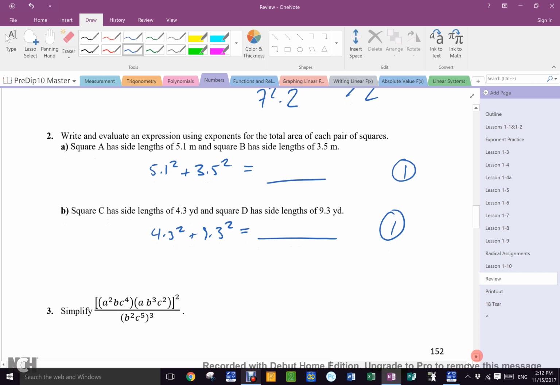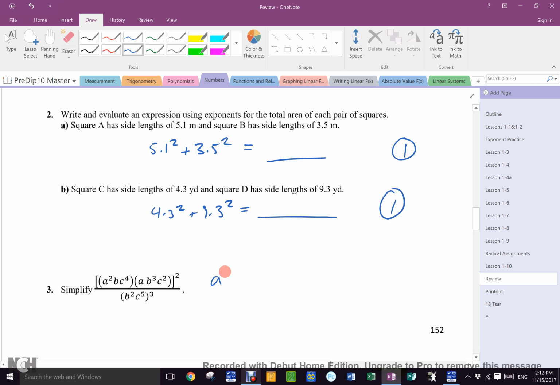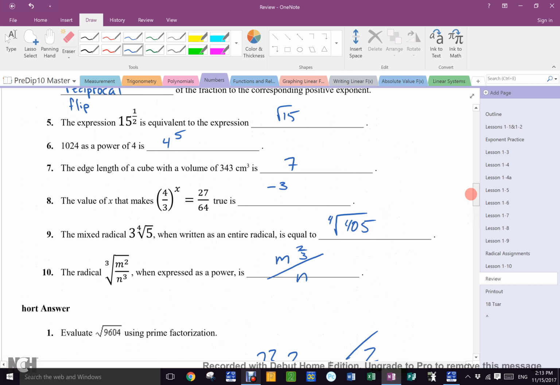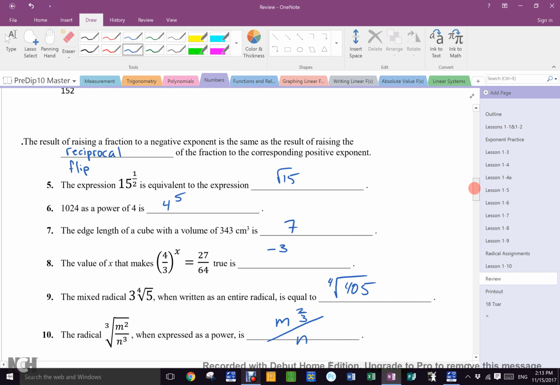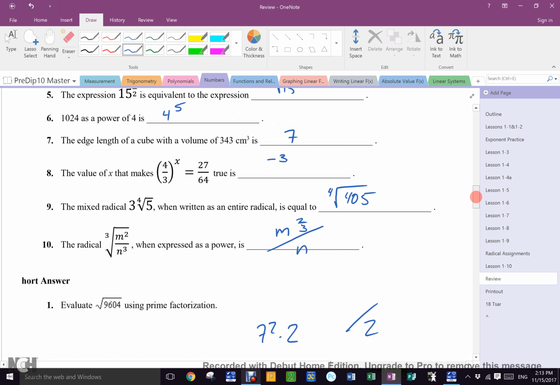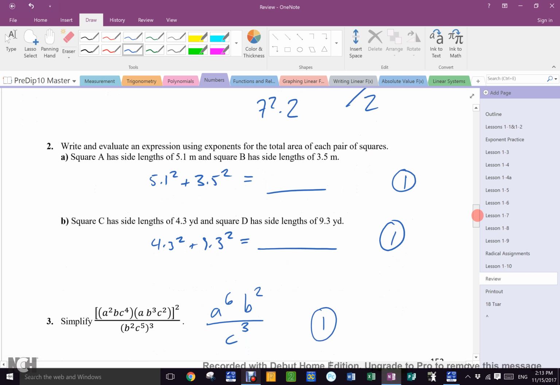This is, I seem to remember it being A6, B2 over C, I can't remember. C3. C4 is a deadly explosive. That page out of 12.